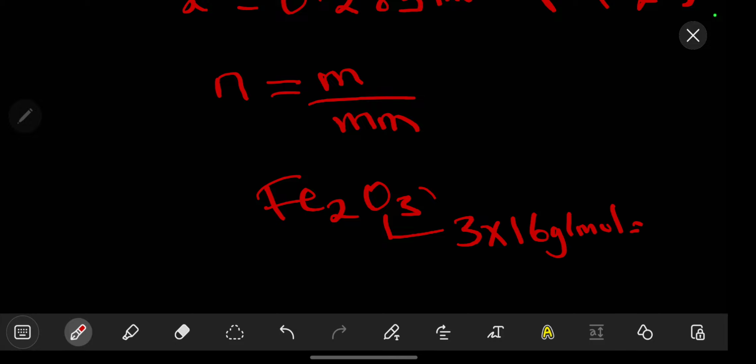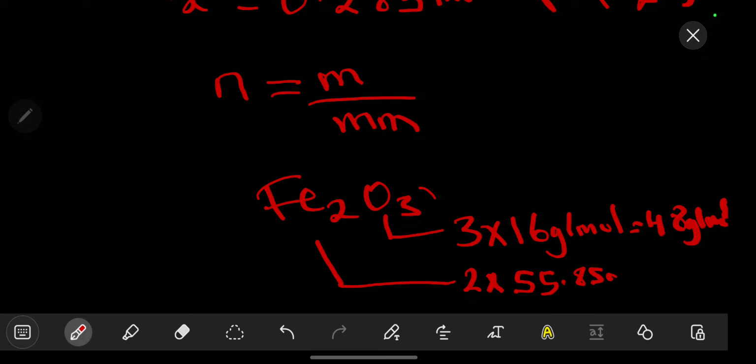When we multiply this, we get 48 grams per mole. Then we have 2, multiplied by our molar mass of iron, 55.85 grams per mole. 2 times 55.85 gives us 111.7.